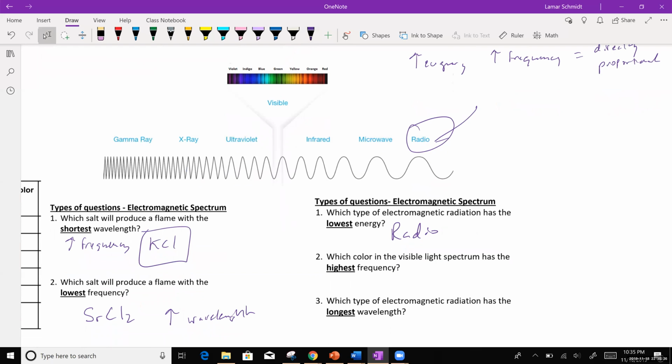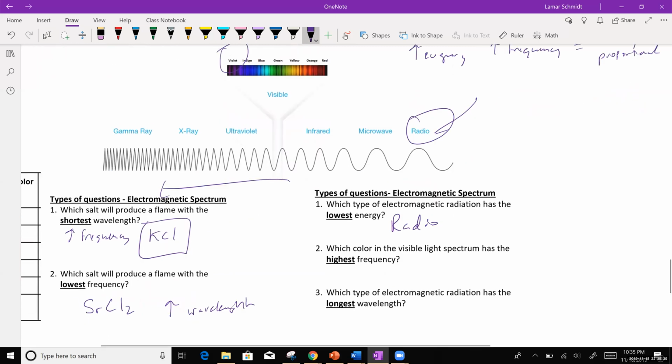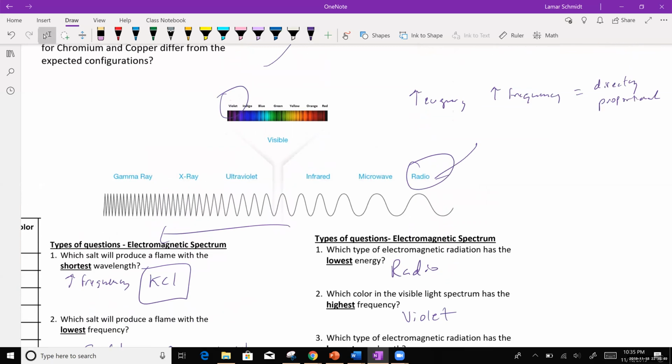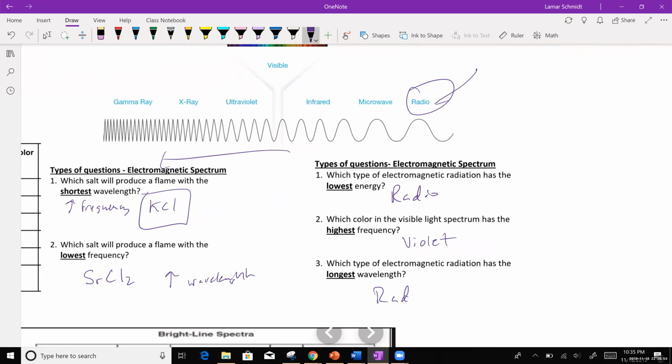Which color in the visible light spectrum has the highest frequency? Well, look, frequency is increasing this way. So violet is going to be the one with the highest frequency. And then which type of electromagnetic radiation has the longest wavelength? And here that was going to be radio. So if you notice, radio is the answer to both the lowest energy and the longest wavelength.